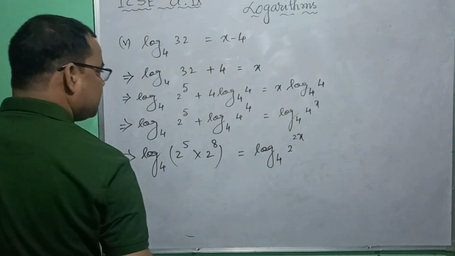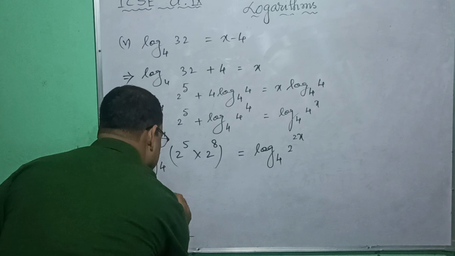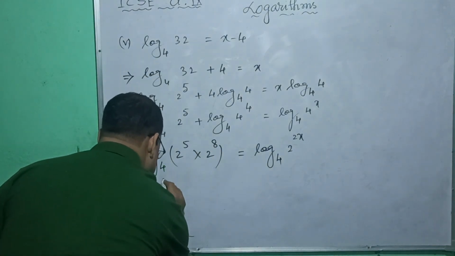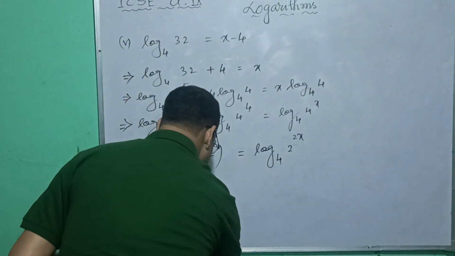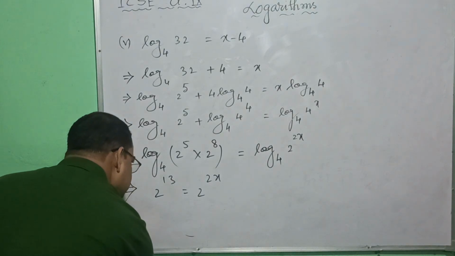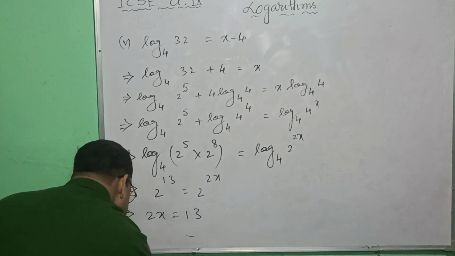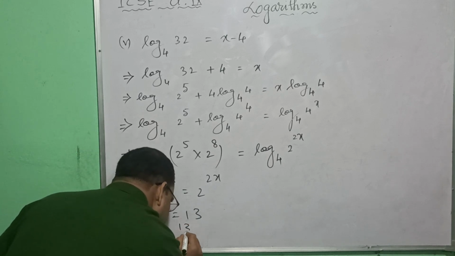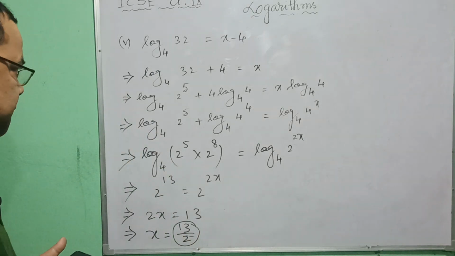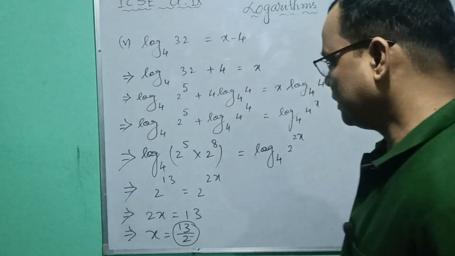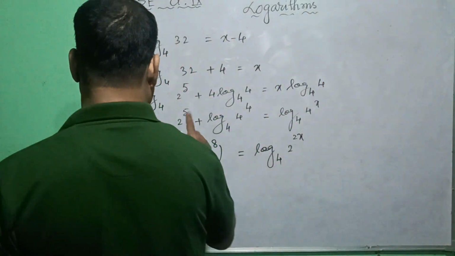This implies, now we can remove log from both sides, so here it will be 2 to the power 5 plus 8 equal to 13, equal to 2 to the power 2x. This implies 2x equal 13. So x equal to 13 by 2. So this is the answer, x equal to 13 by 2. This is a little bit longer, carefully you have to check all the steps.